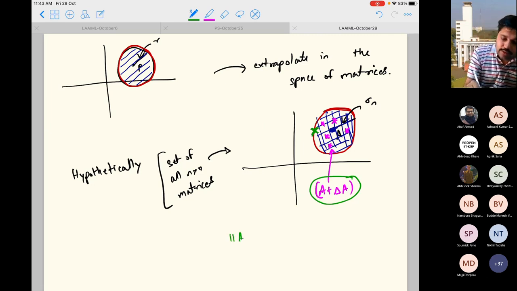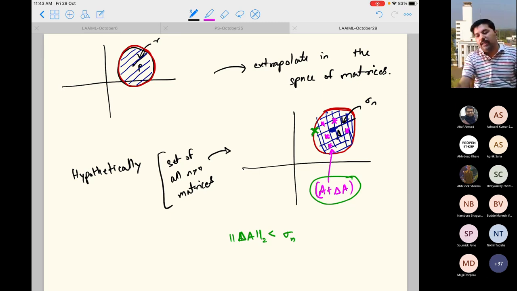As long as the norm of delta A is strictly less than sigma n, the smallest singular value, do you all agree that A plus delta A is always going to be a full rank matrix? Do you agree? Pratyush? Yes, sir.